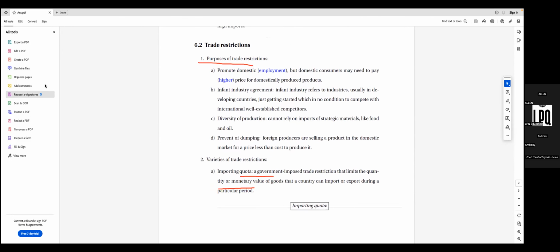Okay, and the most important reason why you want to reduce the quantity imported is you want to promote domestic employment.